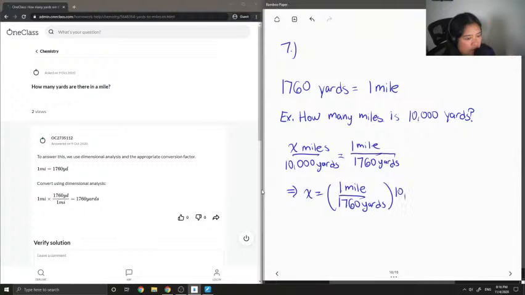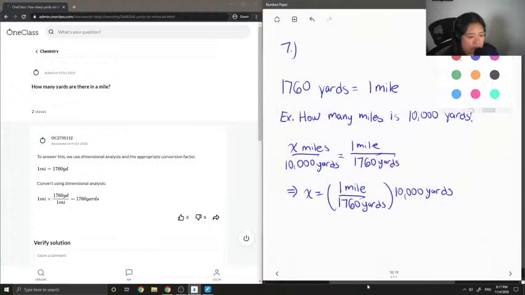All we do is multiply out 10,000 yards. And you know you have done it correctly if your units cancel out nicely. So in our case, the yards will cancel out and we're left with a value in miles. It is approximately 5.68 miles.